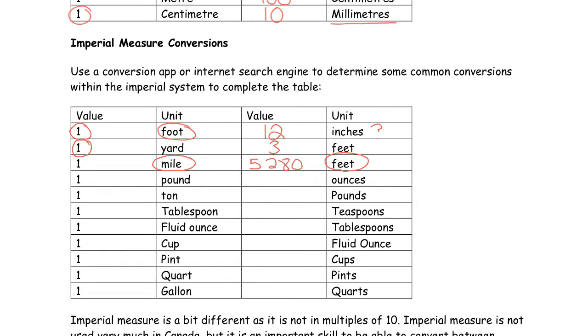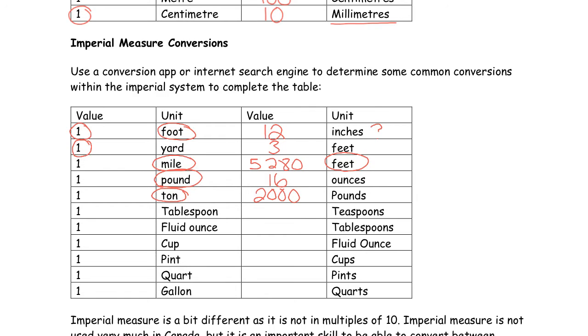Then we're going to take a look at measurements for weight. So if we have 1 pound, we want to know how many ounces, and we have 16 ounces in 1 pound. When we think about pounds and tons, 1 ton is actually equal to 2,000 pounds.